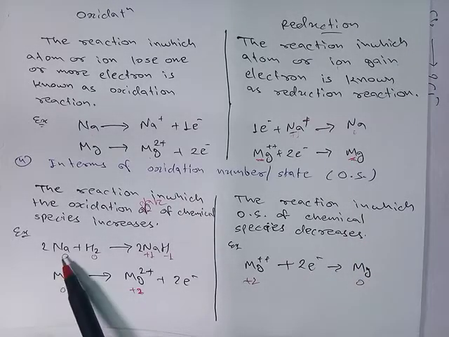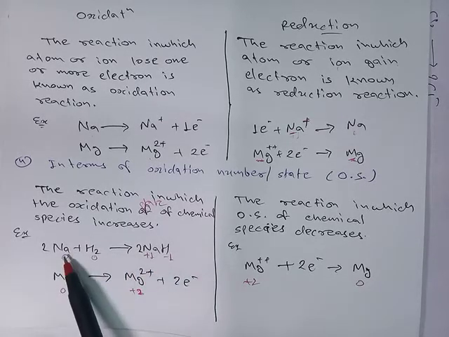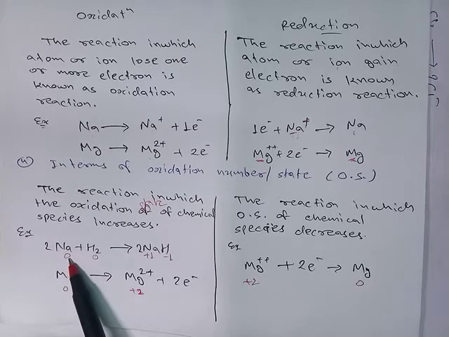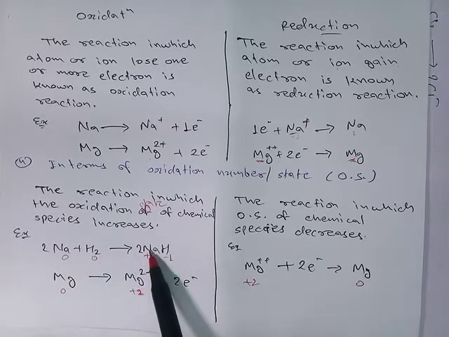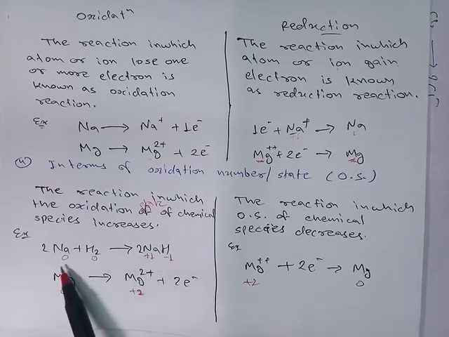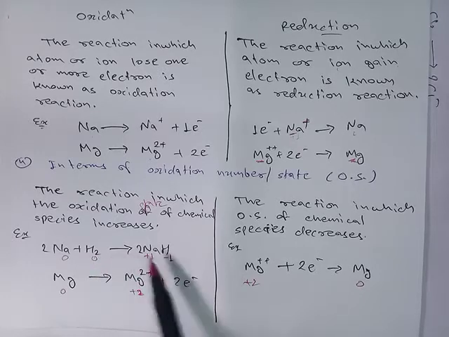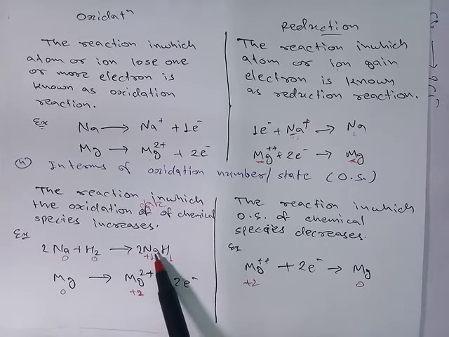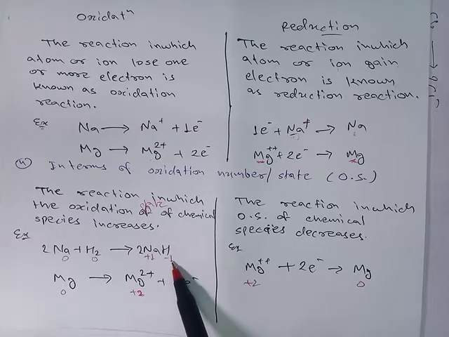So here sodium plus H2 is converted into sodium hydride. The oxidation number of sodium is 0, but the oxidation number of sodium in the product is plus 1. In the reactant both have 0 oxidation state, but in the product sodium has oxidation number plus 1 and the hydrogen atom has oxidation number minus 1.